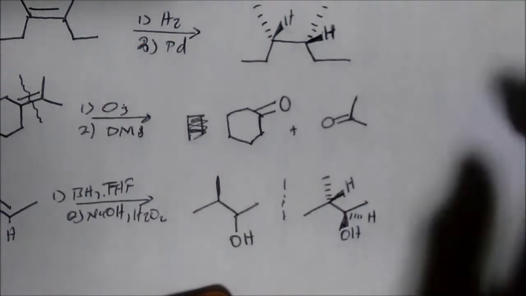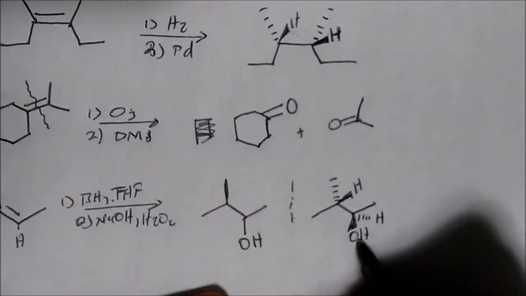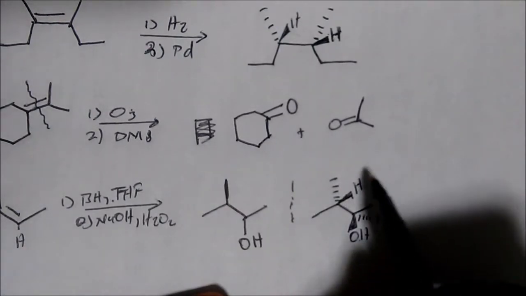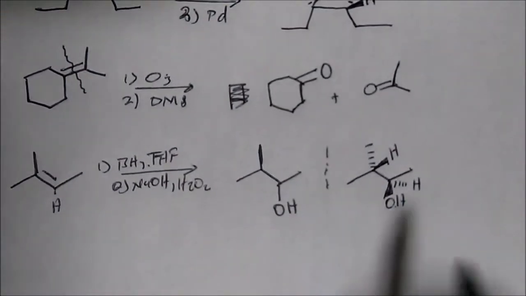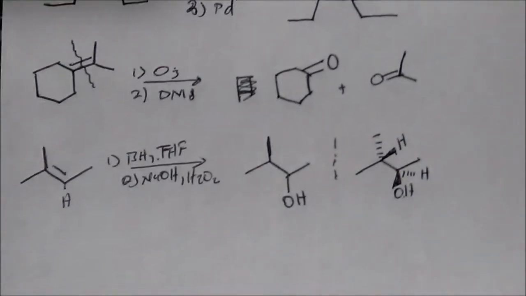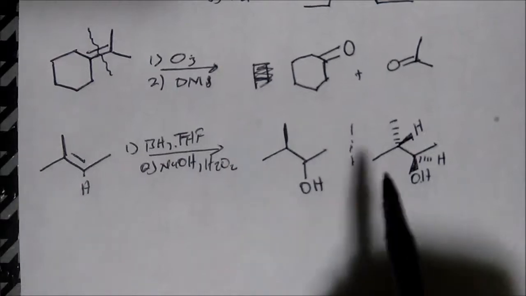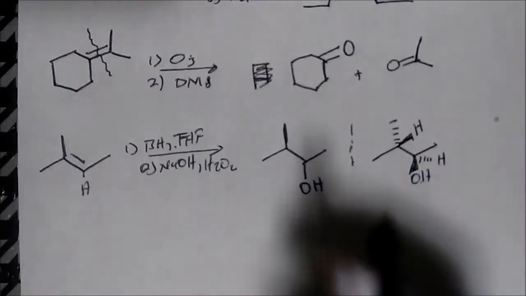So this will be the product in terms of stereochemistry. And certainly you could have the OH and the hydrogen both going away from you, and these coming out at you. It doesn't matter which one. Just remember anti-Markovnikov rule, I'm sorry about that, anti-Markovnikov rule and syn addition in terms of how they come together.